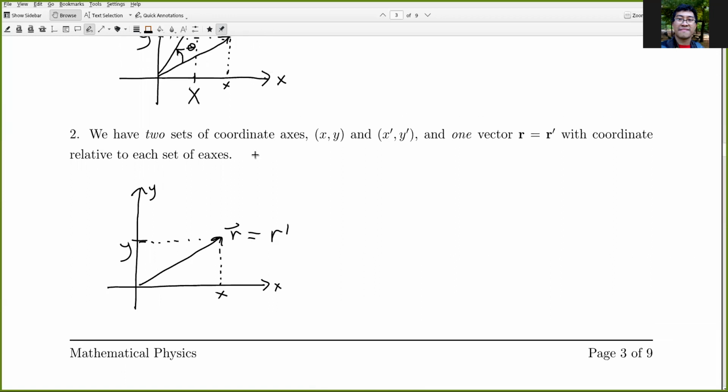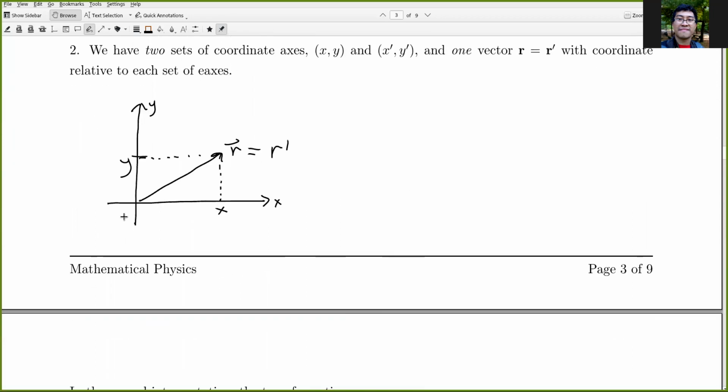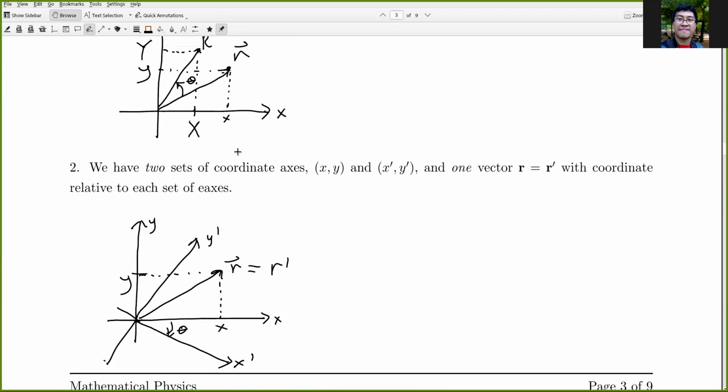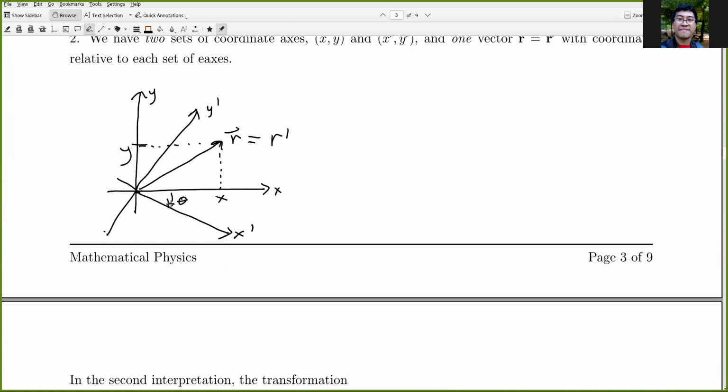Instead of rotating counterclockwise, we rotate x and y clockwise. So let's say we rotate, this becomes the x' axis, and this becomes the y' axis. Basically we're rotating by the same angle theta, just like before, but clockwise. Now this R would have components x' and y'.